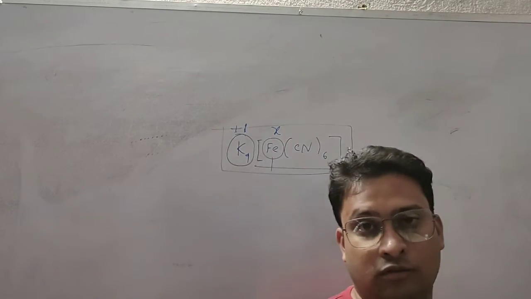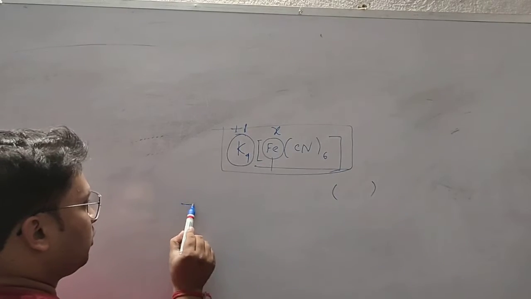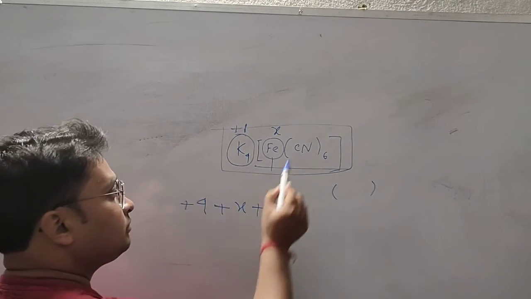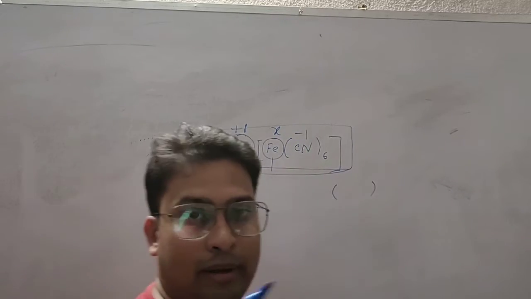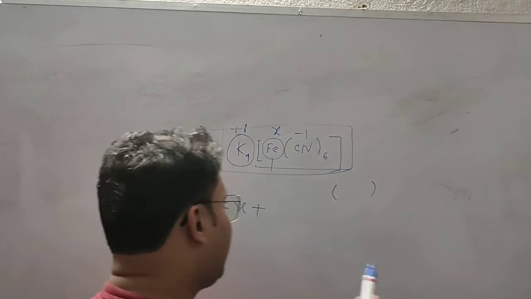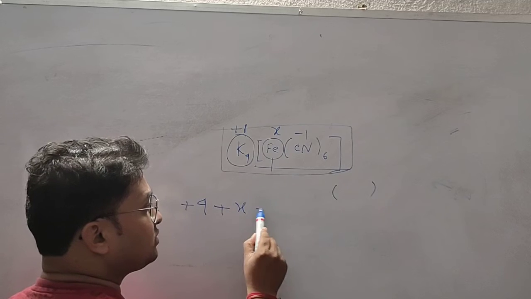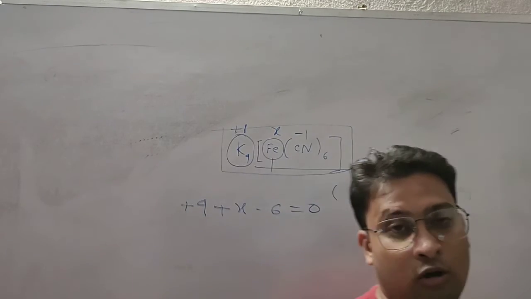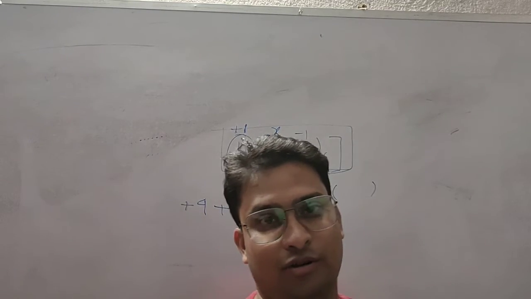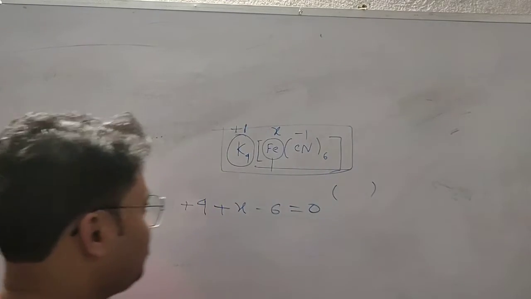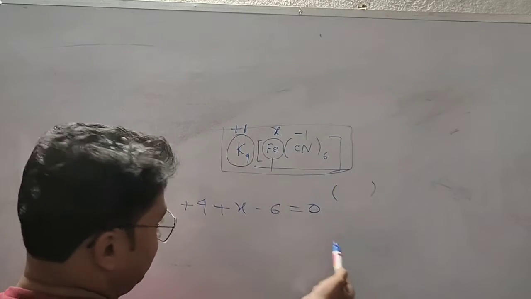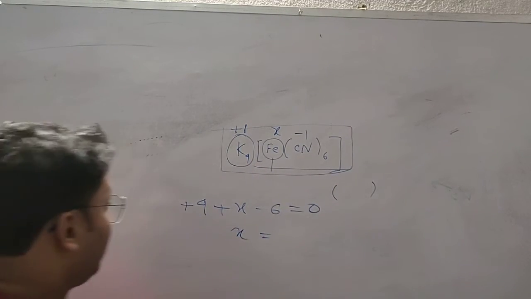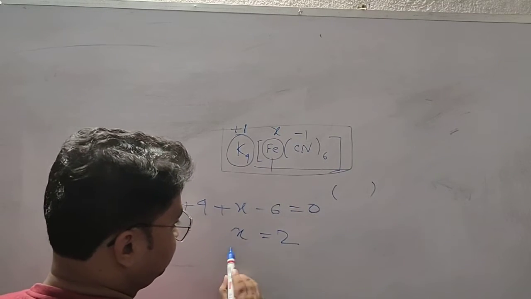So 4 times plus 1 gives plus 4, plus X, and CN is minus 1, 6 times gives minus 6. In total the charge will be 0, because the compound should be neutral. So we can calculate the value of X and we get 2.